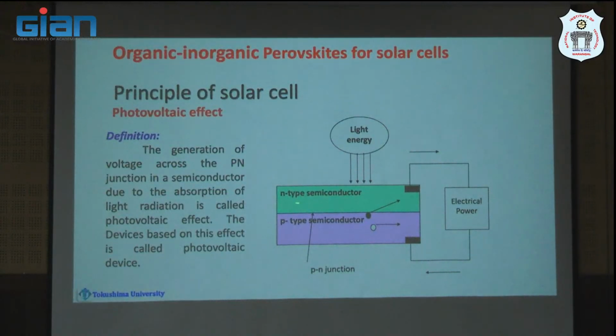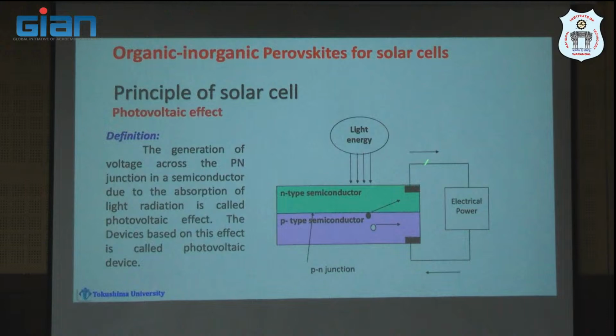This is N type, this is P type semiconductor. So the voltage across this P and N junction in a semiconductor, created due to the absorption of light radiation, is called the photovoltaic effect. So this way it is very simple.